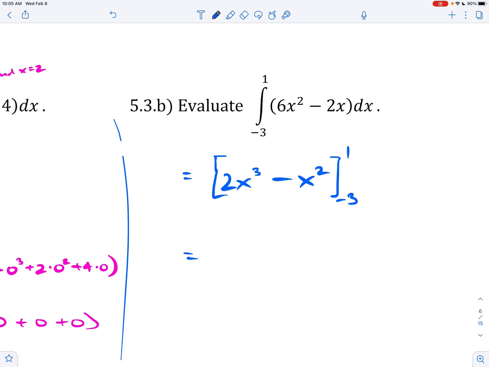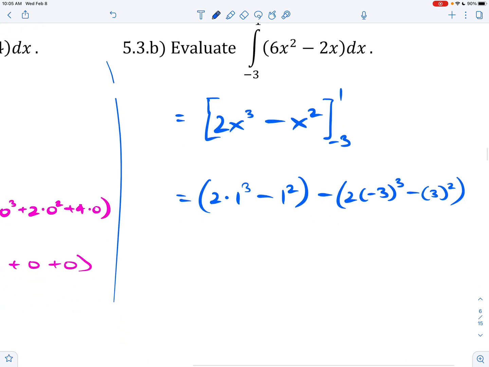Now I plug in. So we're going to take this whole expression when x is 1, and we'll subtract what it would be when x is -3. 2 times 1 cubed minus 1 squared minus 2 times -3 cubed minus -3 squared. Didn't foresee myself taking powers of 3 today, but here we are.